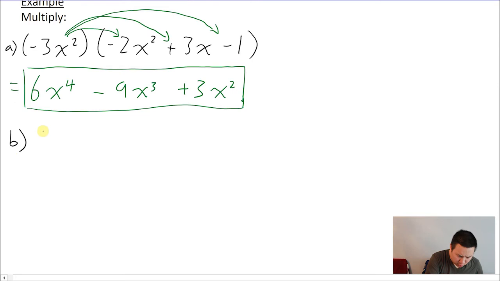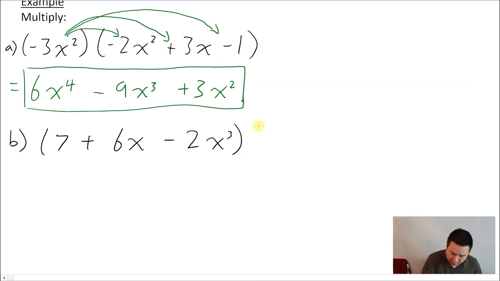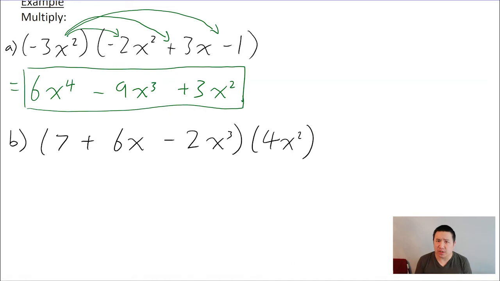All right, this one, I'm going to have 7 plus 6x minus 2x cubed, and multiply this by 4x squared. All right, this one is arranged a little bit differently. You can see that the monomial is on the right side, but the rules still apply.